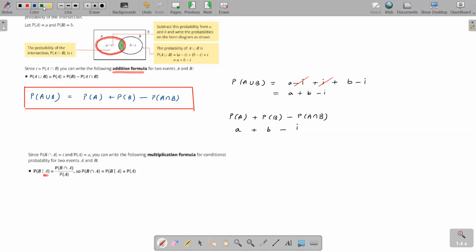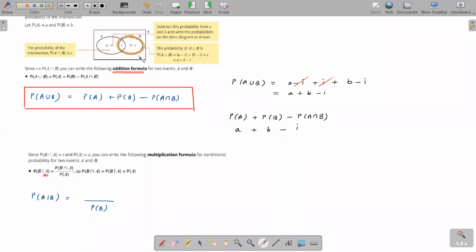And also you can write the formula for A given B. So how does that work? The denominator should be what? The given part is what we take, right? When they give you a conditional probability, you don't have the entire Venn diagram, you only have the given information, so you take the probability from the given information. The given part is B now. So in the Venn diagram, this circle B is the given, and inside circle B, what's the chance that A is happening?